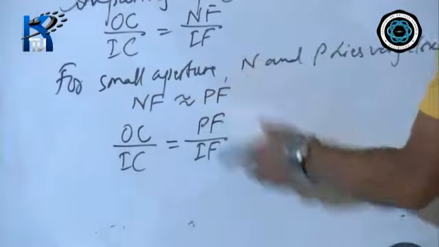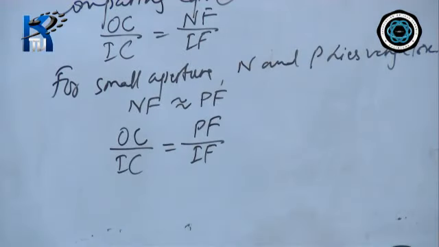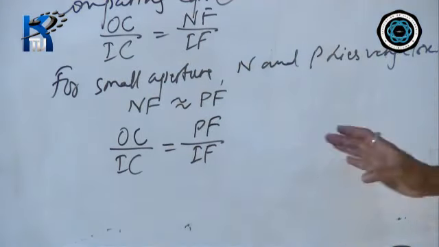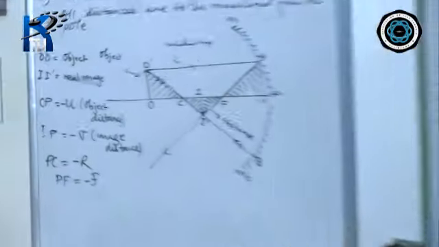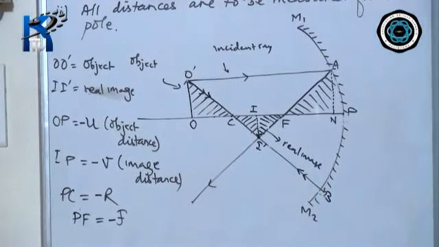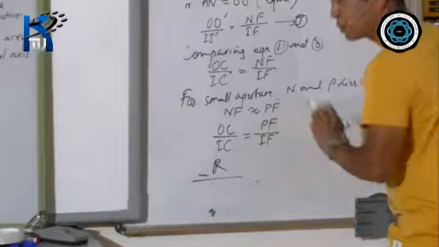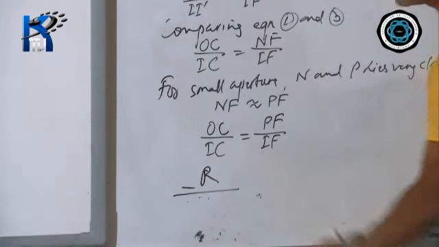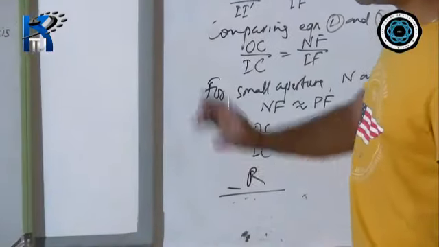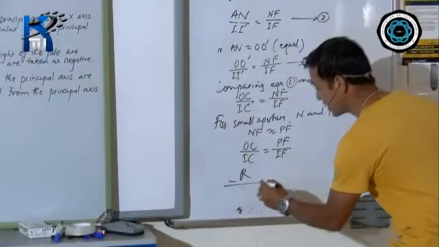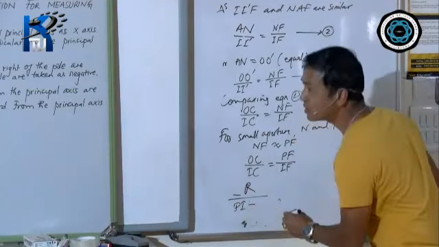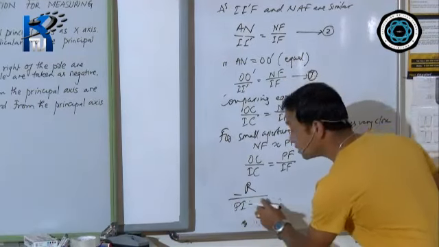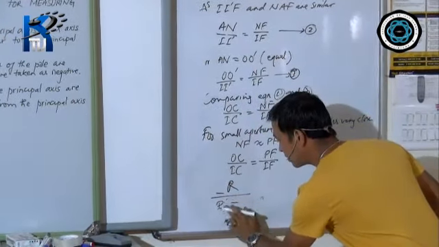With this equation, we can come to the expression. Let me tell you what OC is as per the sign convention. If you follow the sign convention, OC means minus R. Now IC is not known, but IC I can write as PC minus PI.